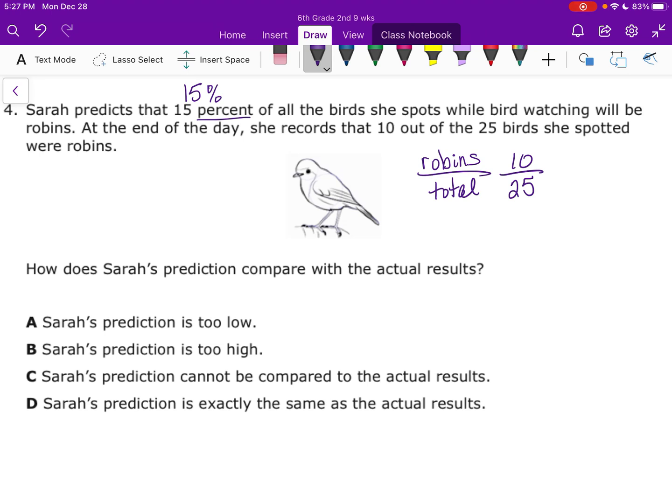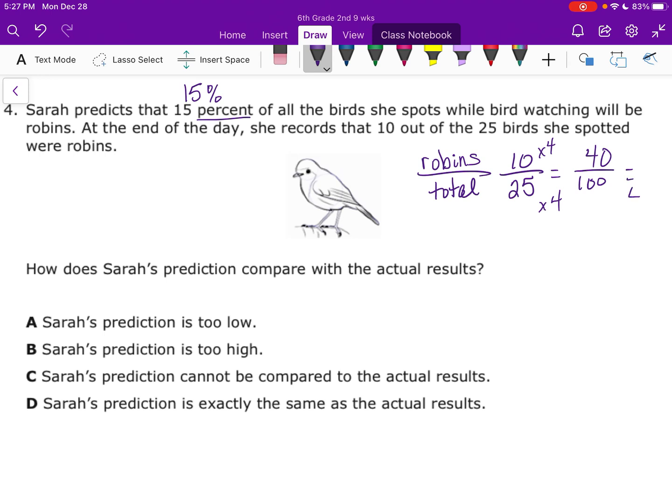Okay. All right, so right here you have a decision. You can simplify. You can go ahead and divide it. You divide by 25, which is not real hard. Or you can make it equal to 100. You can say 25 times 4 is 100. So 10 times 4 is 40.